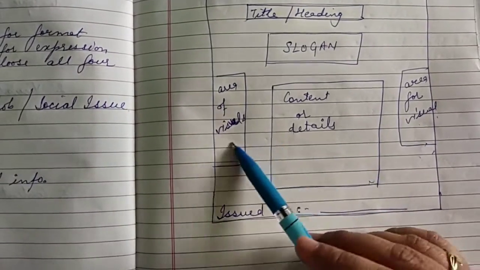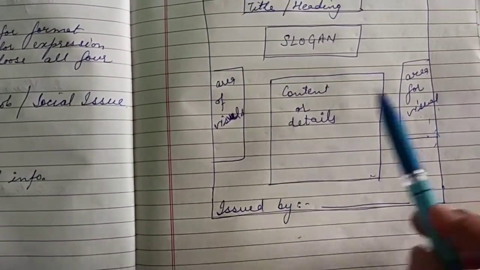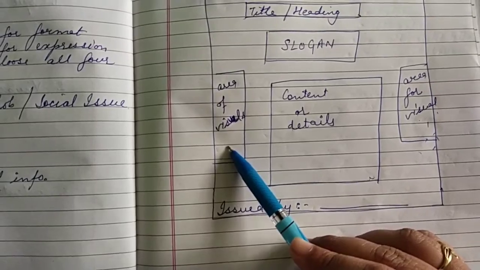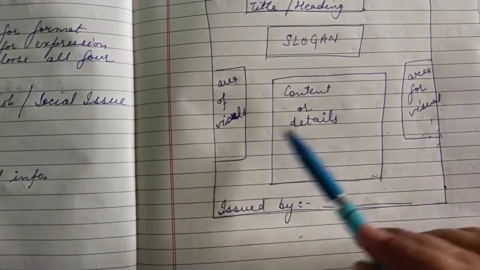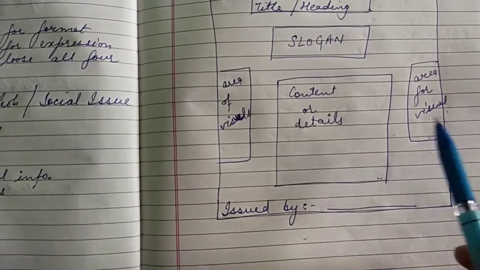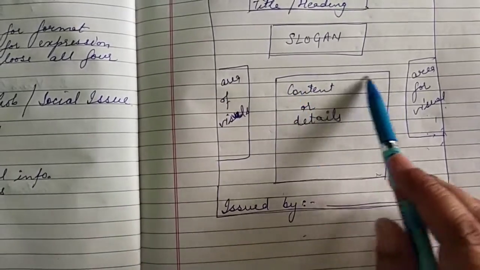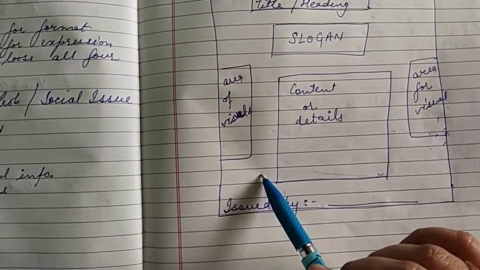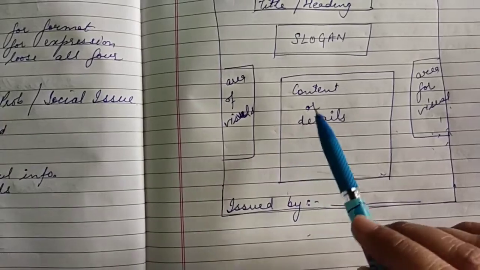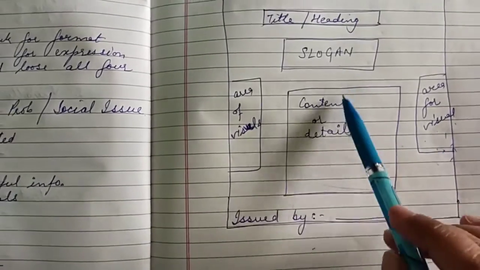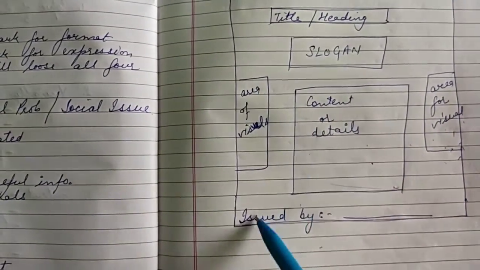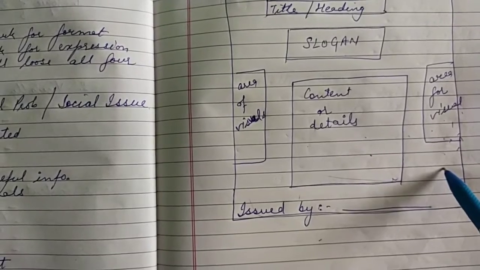Take either this one or this one. Why are we taking these areas, these corners? Because it saves our page or our box for the content. Everything is properly visualized if you have this format.